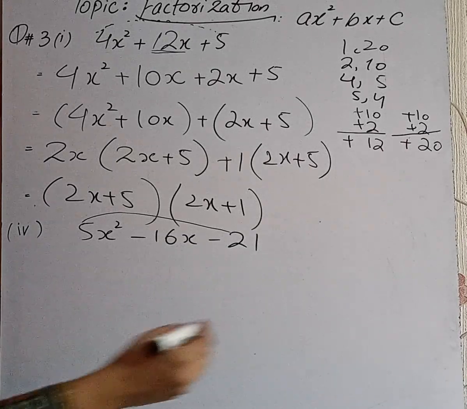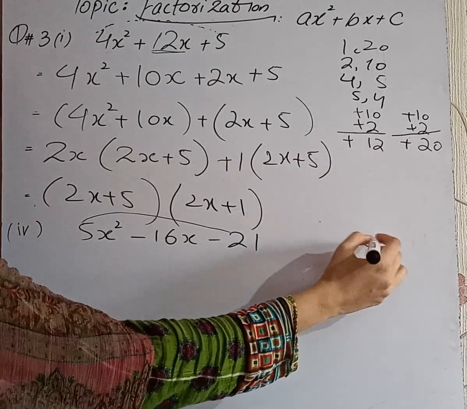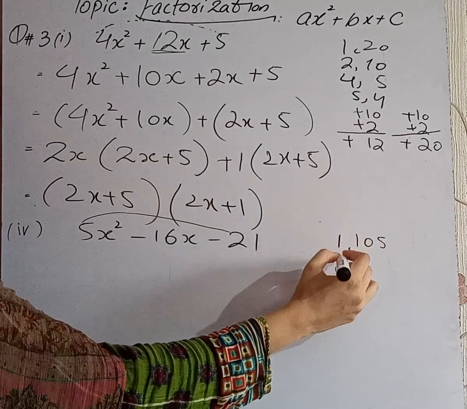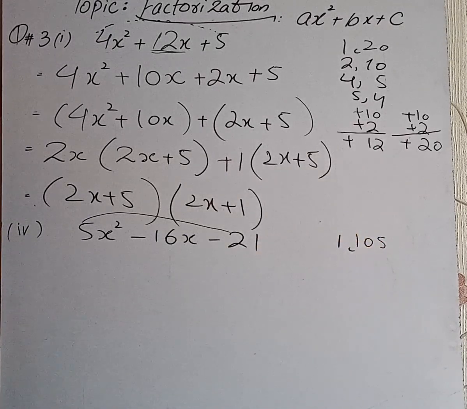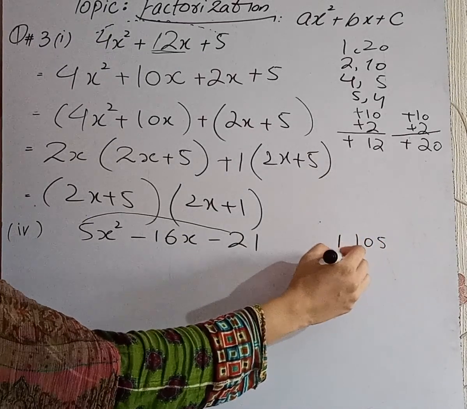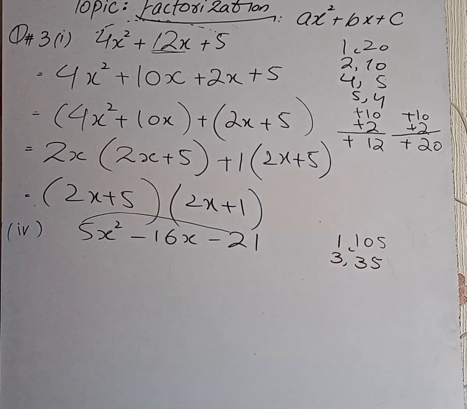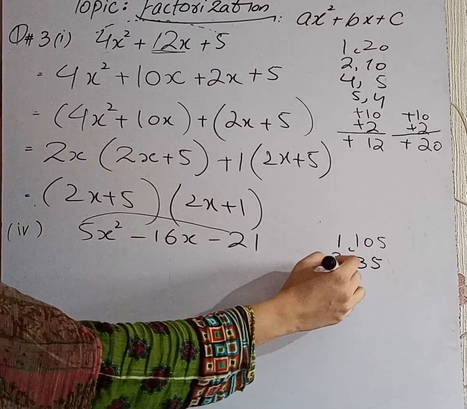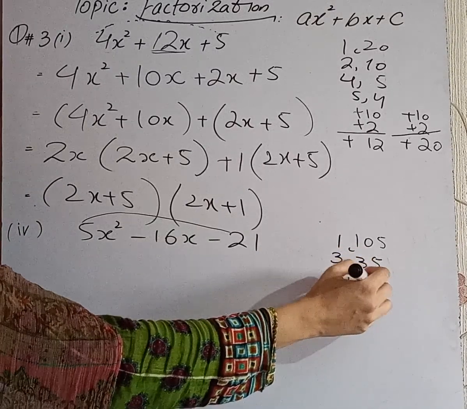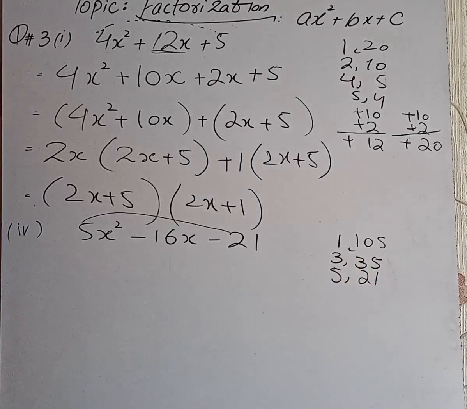Here we are going to make the pairs of 105. 1 times 105, 2 is not divisible, 3 is divisible, 3 times 35, 4 is not divisible, 5 is divisible, 5 times 21, 6 is not divisible.